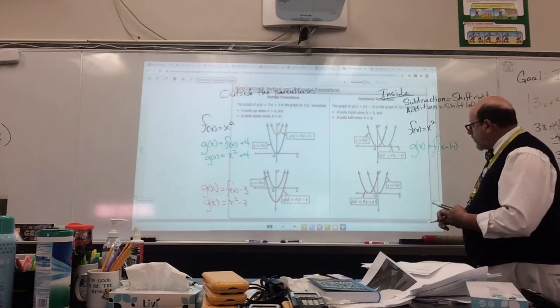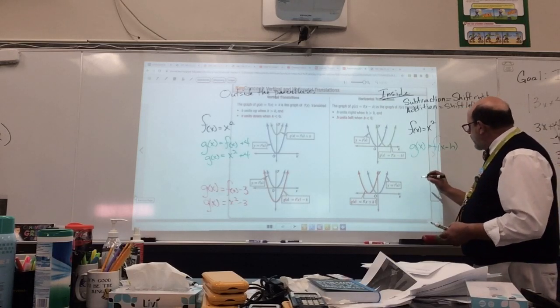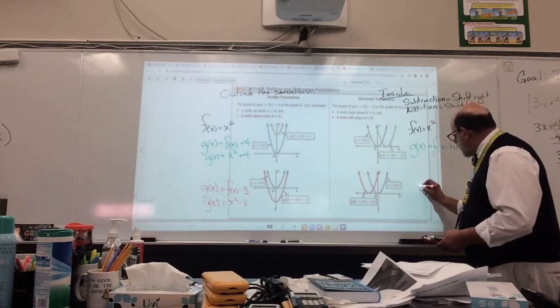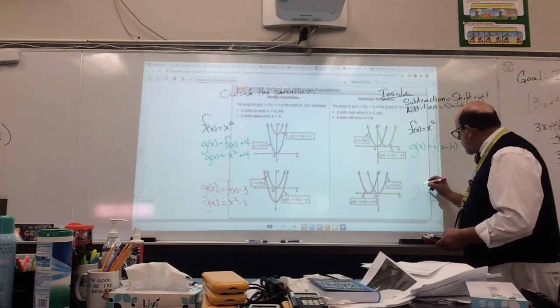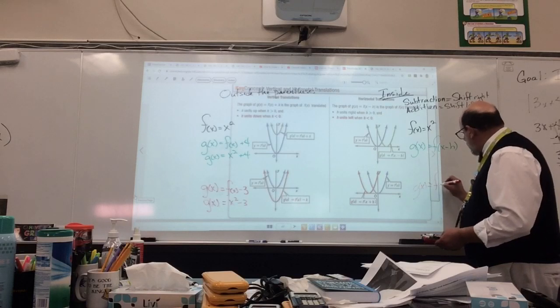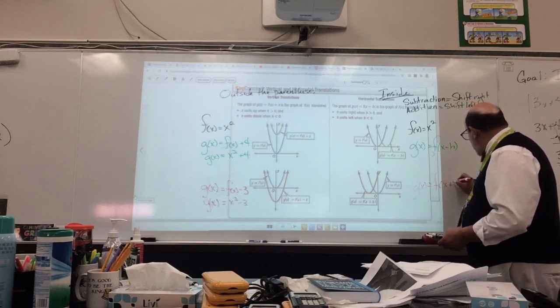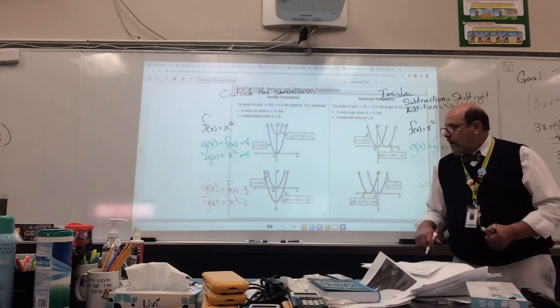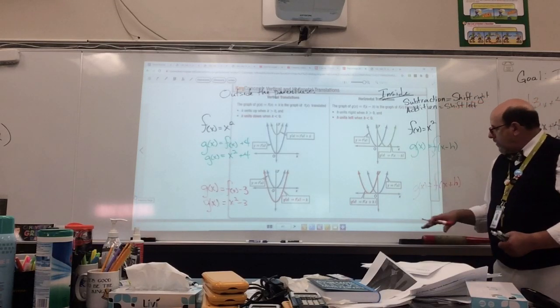The same thing holds true down here. We take our original function, and we say g of x, in this instance, is the same as f of x plus h, and then square that if we wanted to write the actual function down.